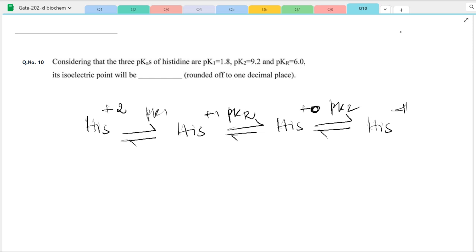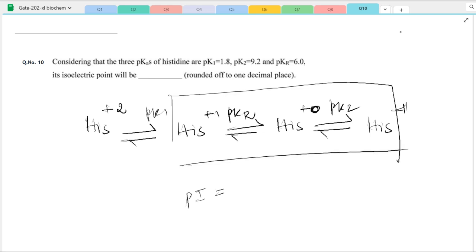For calculating the isoelectric point, that is the pI for histidine, you need to take the conversion state of +1, 0 to -1, which is pKr plus pK2 divided by 2. If you look at the titration curve, these conversion states help you determine the isoelectric point, the pH at which it is electrically neutral.